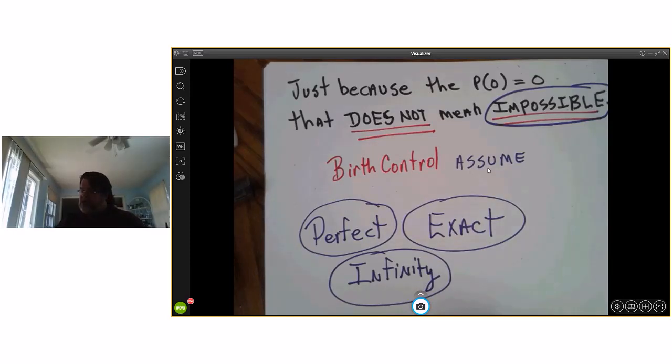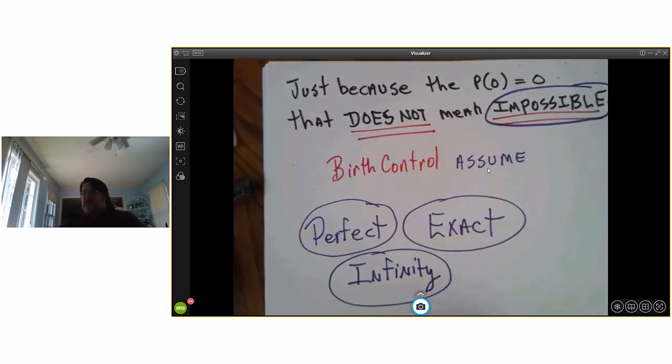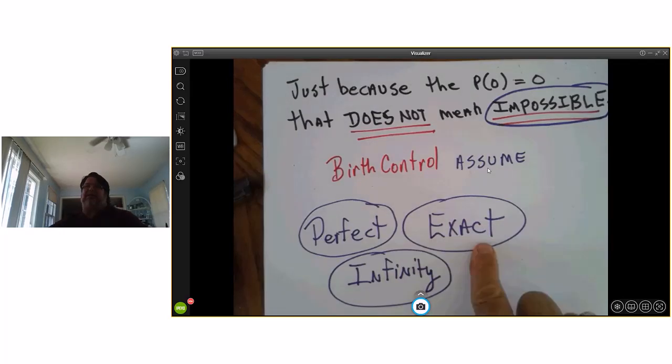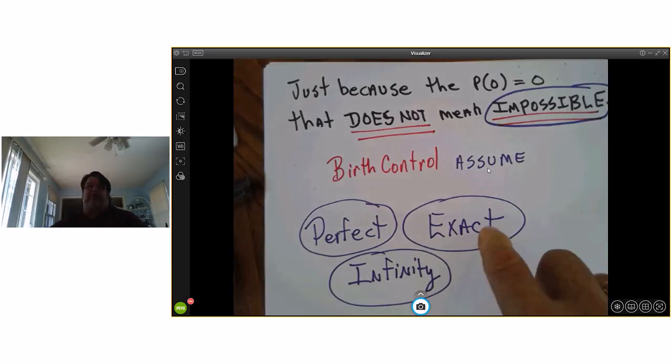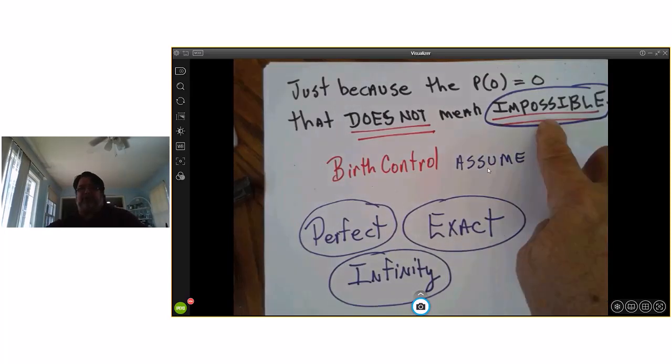So whenever you see one of these words in one of your multiple choices, chances are, depending on the context of the question, let's say there's one question that talks about exact, and they say the average is exactly blah, blah, blah. Never in probability do you use the word exactly. Never. You never use the word impossible either.